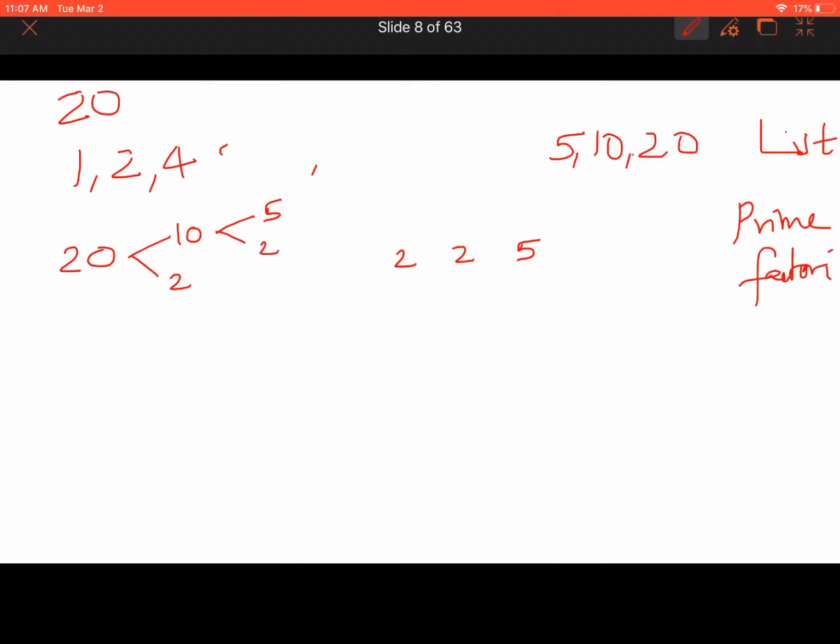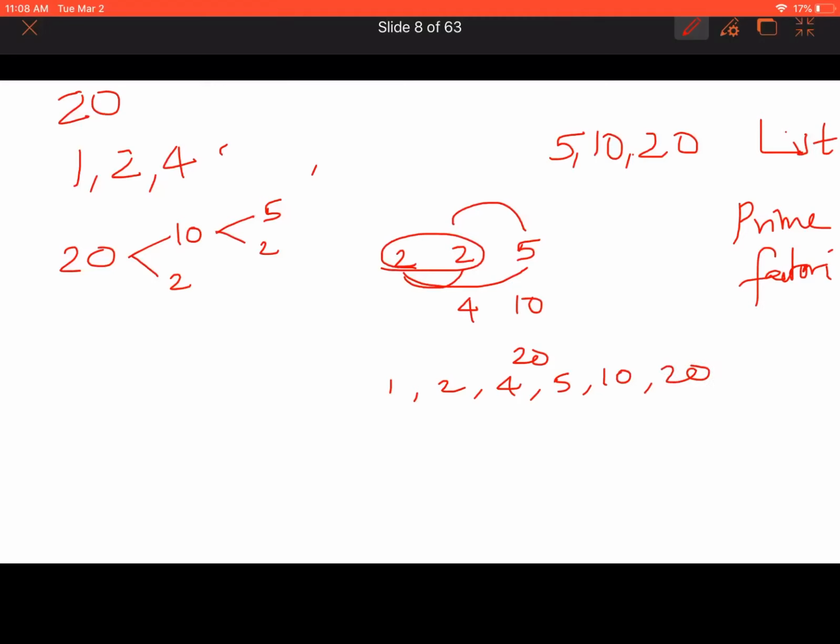Using these we have to find all the other factors. 2 times 2 is 4, 2 times 5 is 10, right? Now we take these factors together: 2 times 2 is 4, so 4 times 5 is 20, and 5 times 4 is also 20, right? So now we write down all the factors: 1, 2, 4, 5, 10 and 20, right? So we have found the 6 factors using the prime factorization method.